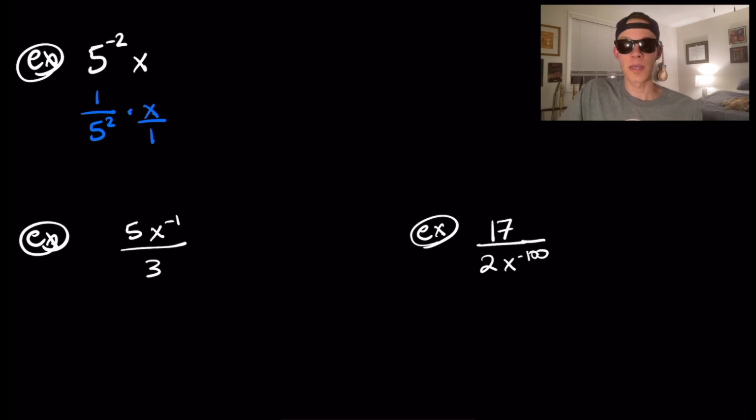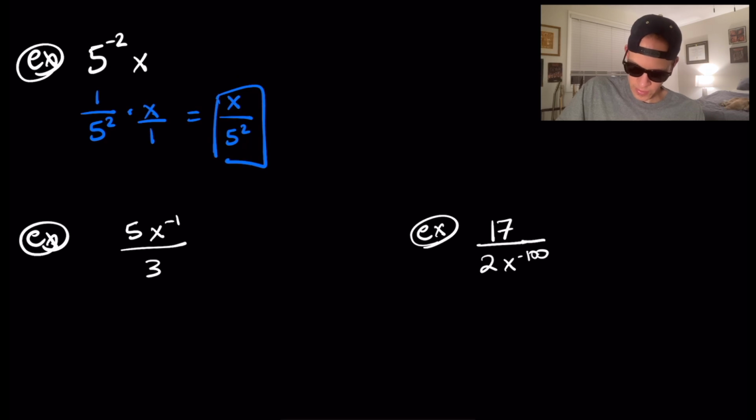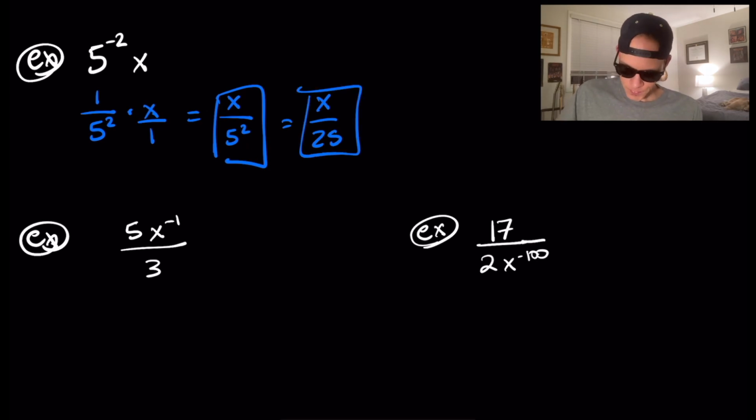And now I'm multiplying two fractions together. So I'll have 1 times x is x in the numerator, and then the denominator is going to be 5 squared. So you can leave your answer like this. That's totally fine, x over 5 squared. Or we can, since 5 is a number, 5 squared is 5 times 5, which is 25. So either one of those is fine.